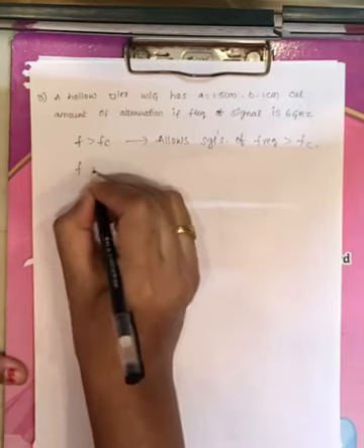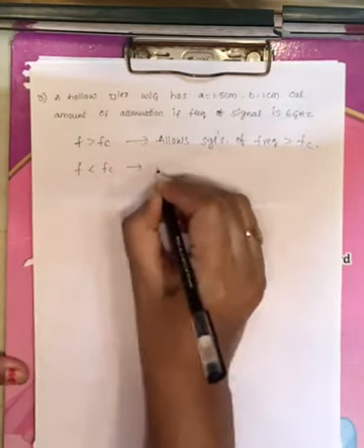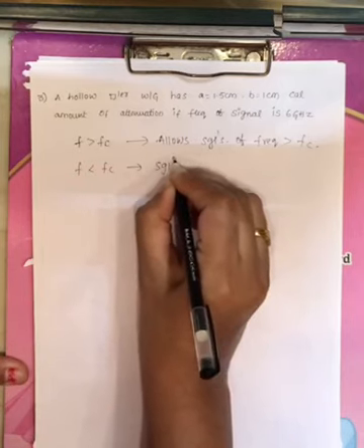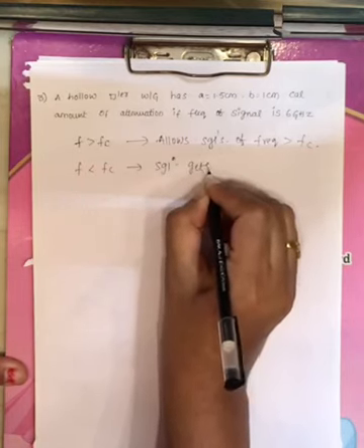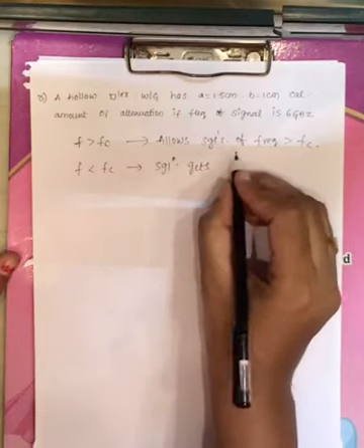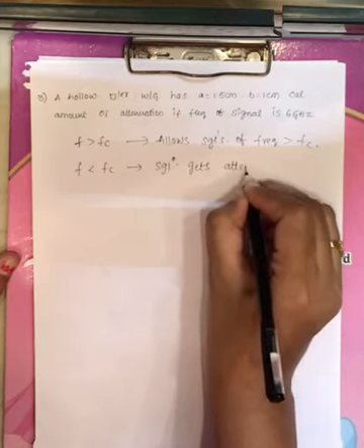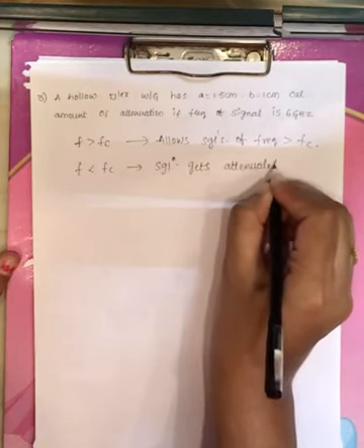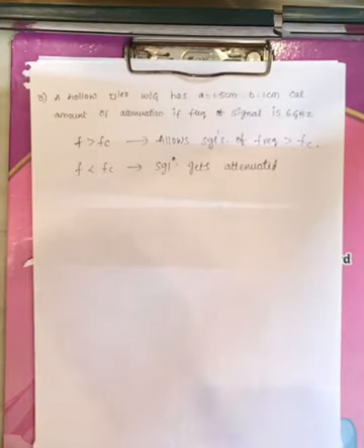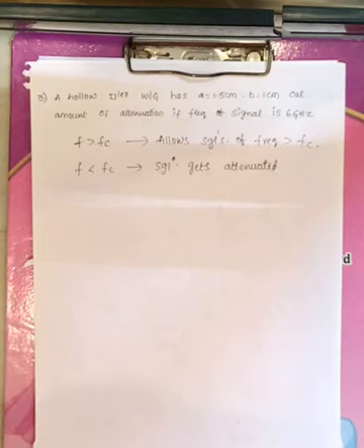Now what happens if f is less than fc? The signal gets attenuated, as I have said while explaining the waveguide acting as a high pass filter. You have to remember these two conditions. Just remember that any waveguide, not only rectangular waveguide, circular waveguide, elliptical waveguide, all these waveguides act as a high pass filter.